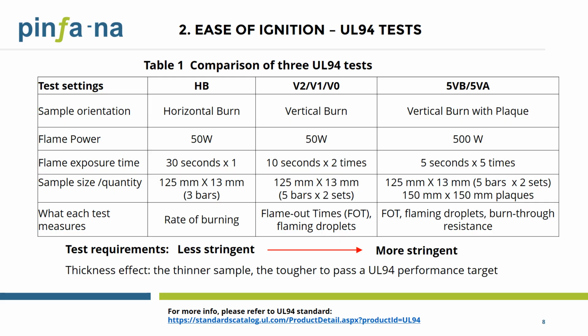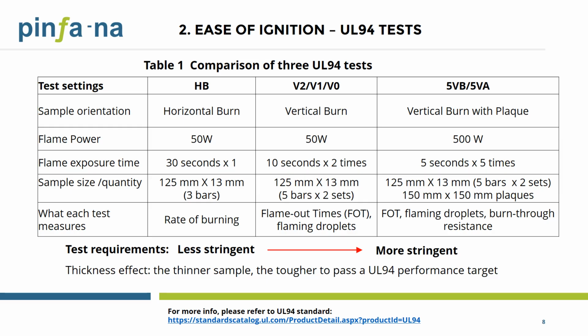The UL94 test measures multiple material reactions to a fire, which include the rate of burning in the horizontal burn test, and flame out time (FOT) and ability to resist a flaming droplet in the vertical burn test and 5VA and 5VB test. The 5VB and 5VA test also measures the burn-through resistance of the sample in the plaque sample geometry.